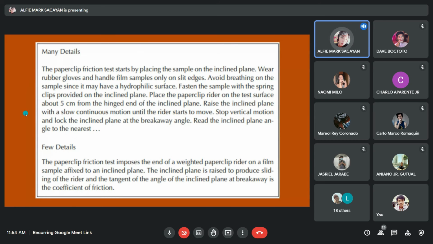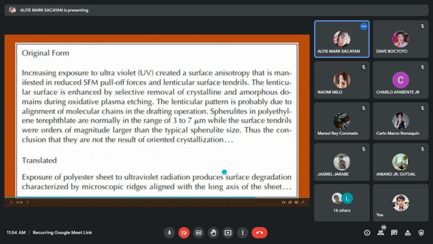So mao ni siya ang depth sa detail sa atong report nga ihatag. Then next, so this is now the original form. So somewhat this is a word from the original writer. Then yung gina-discuss is about sa chemist.